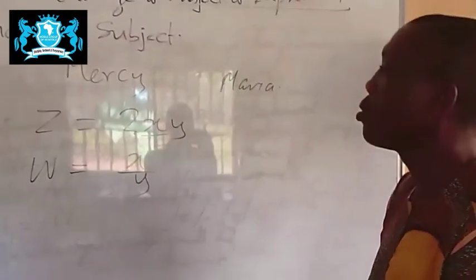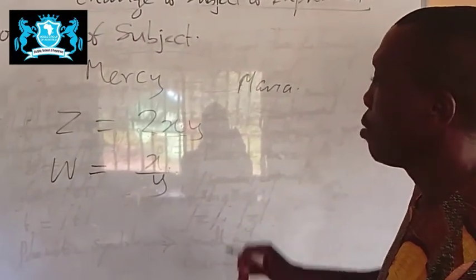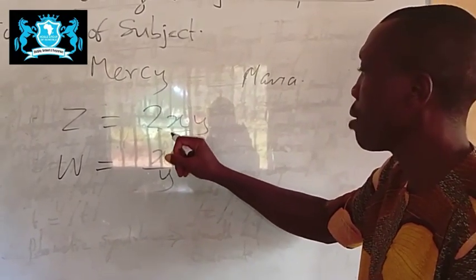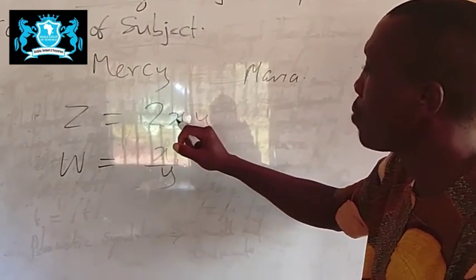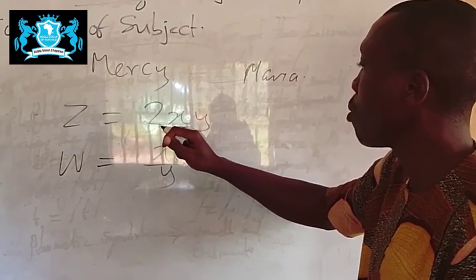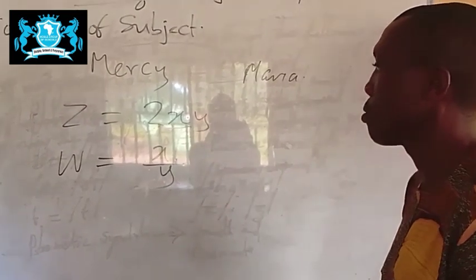Next is to identify the relationship between the targeted variable and every other variable, numerical, or any other form of constant attached to it.